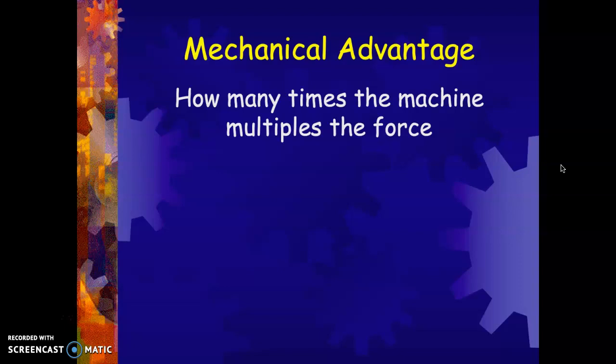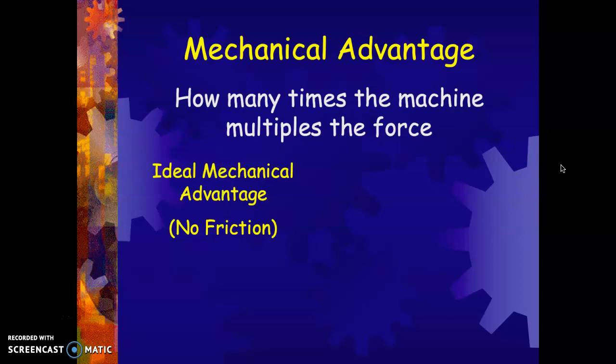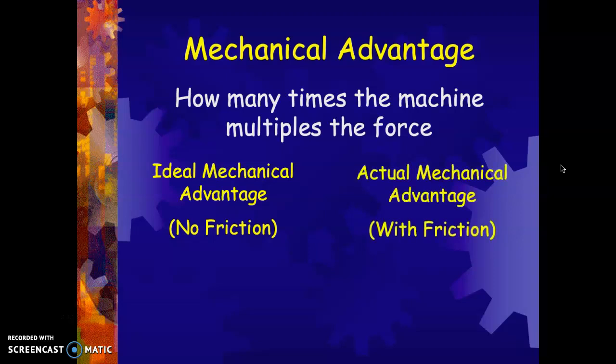Now, there are two types of mechanical advantage. There is what we call ideal mechanical advantage, and then there is what we call actual mechanical advantage. And you can see here what the big difference is. Is there friction or is there no friction? If there is no friction, which we know there never is, that would be the ideal mechanical advantage.